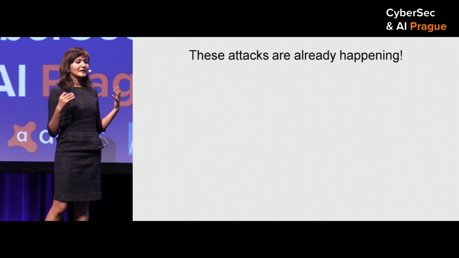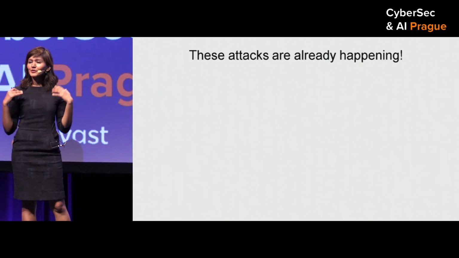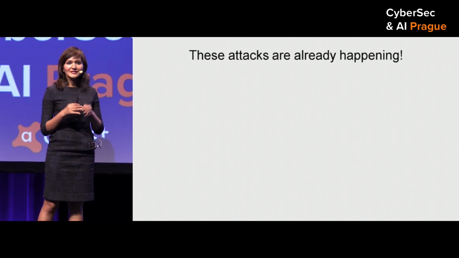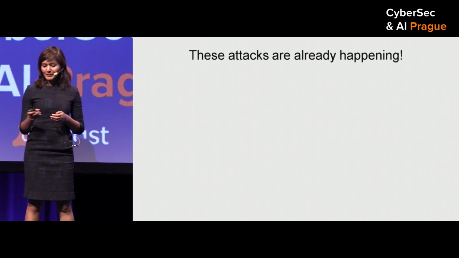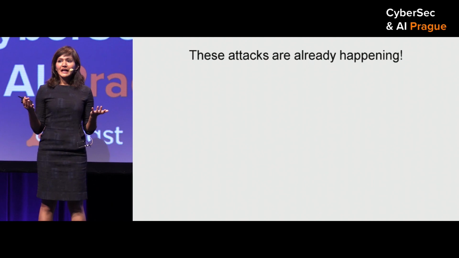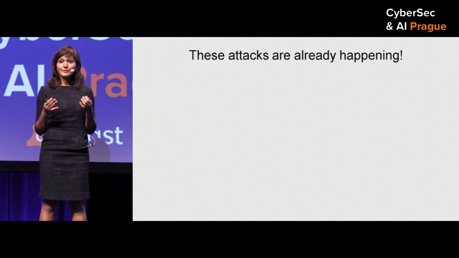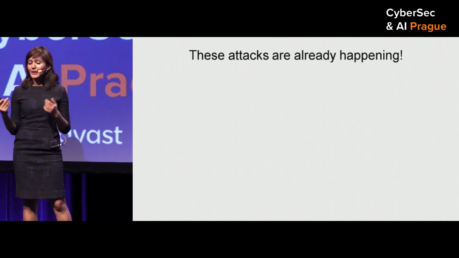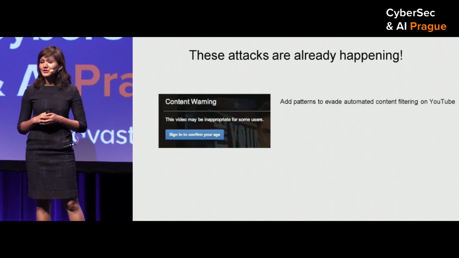Now, when we hear about these attacks, they seem very futuristic and theoretical. Academics toying with their machine learning models, tweaking different pictures. But actually, these attacks are already happening in the real world. For example, you probably have noticed that spammers tweak their spam messages a little bit to evade spam filters. That's a real-world adversarial attack.